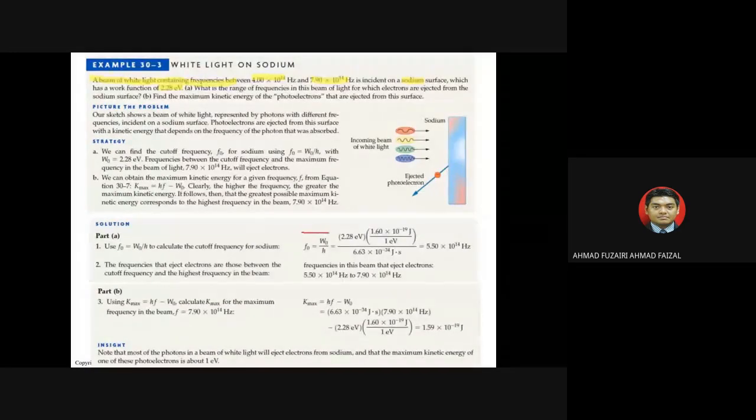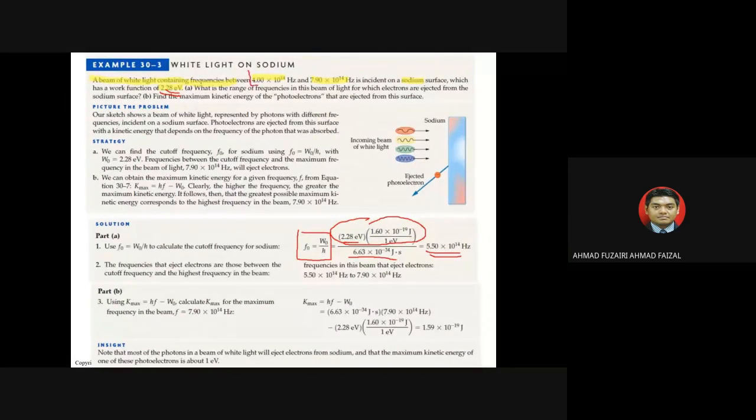So meaning that you have to calculate the cutoff frequency as given by the previous equation, which is f naught equals W over h. The work function given is 2.28 eV, which you need to convert into joule. So this is the conversion to convert electron volt to joule, and then divided by the Planck constant h. So the cutoff frequency is 5.5 times 10 to the power 14.